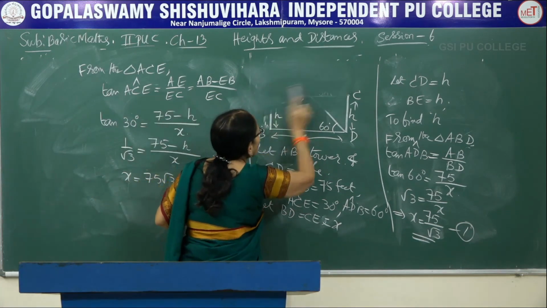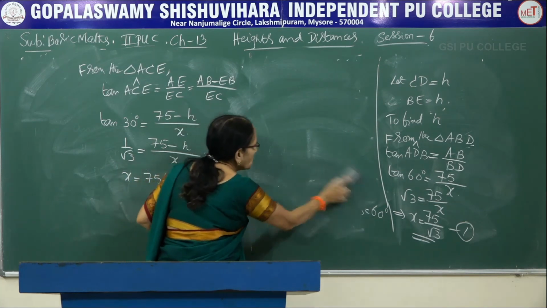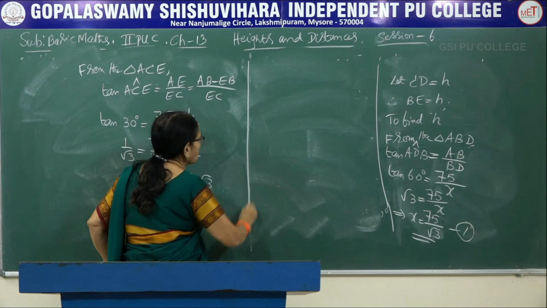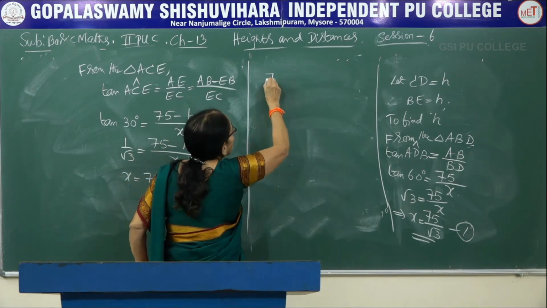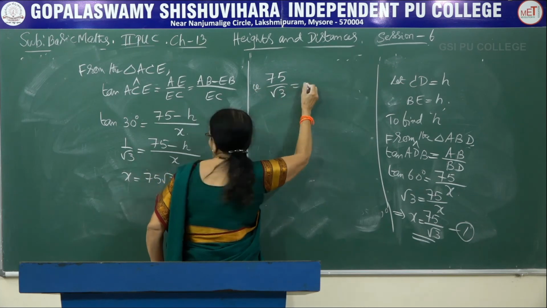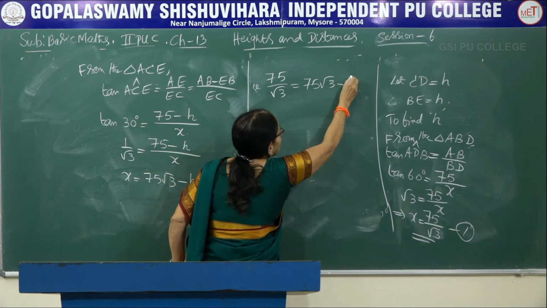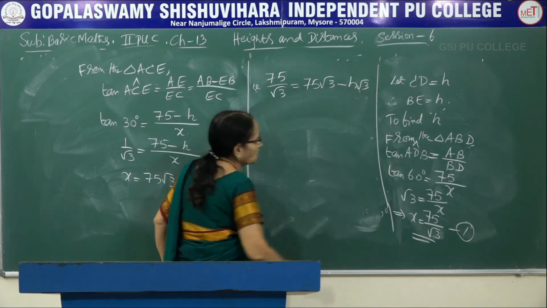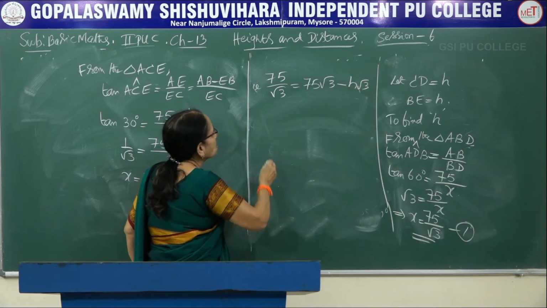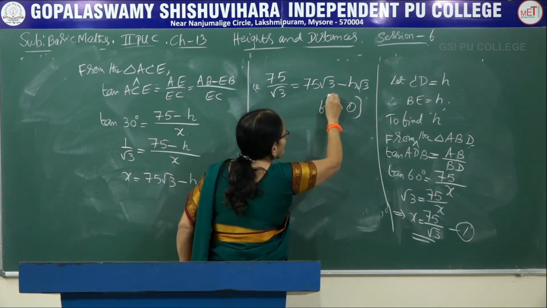Now let us replace X using the first result, because we are interested in finding H here. Now write, it is 75 by root 3 is equal to 75 into root 3 minus H into root 3. You can quote the result from 1.